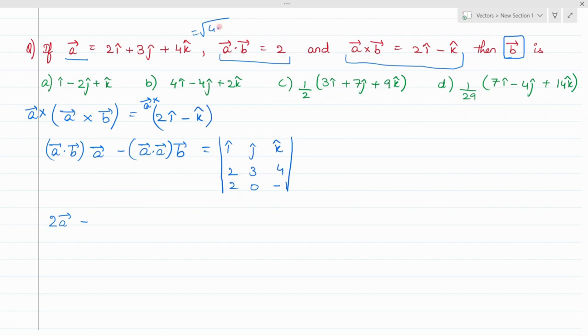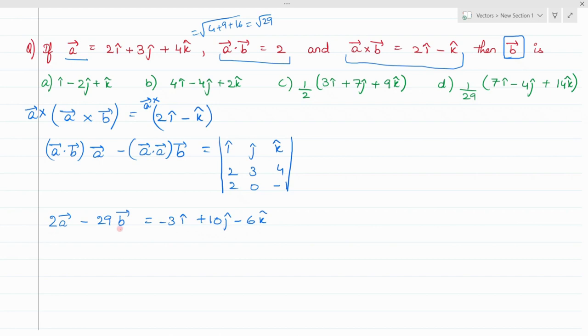Magnitude is 4, 9, and 16, 25, under root 29. We want square, so it becomes 29B vector. It becomes minus 3 i cap minus 10, sorry, plus 10 j cap minus 6 k cap.